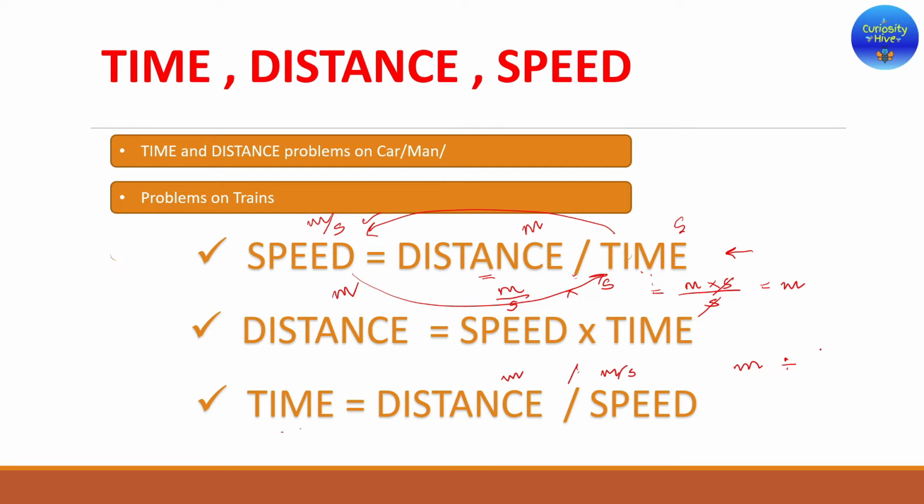That means it's meters divided by meters per second. Now when it is division, that means this is meters multiplied by the reciprocal, which is seconds by meters, and this will give us the answer of seconds, which is actually the unit of time. So this is how we validate these three equations.